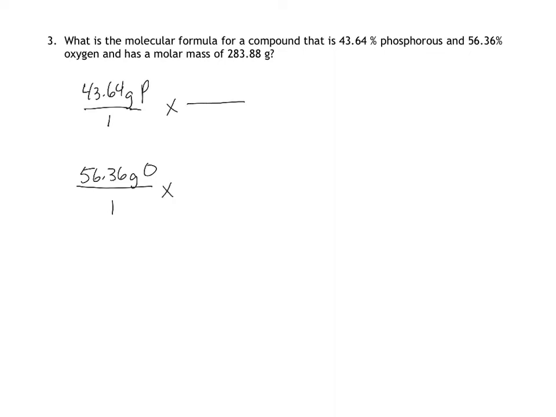Now I need to go mass to moles. So I need to know what is the weight of a mole of phosphorus. And I look on my periodic table and I see that it's 30.97 grams in 1 mole of phosphorus. For oxygen, 16.00 grams in 1 mole of oxygen.